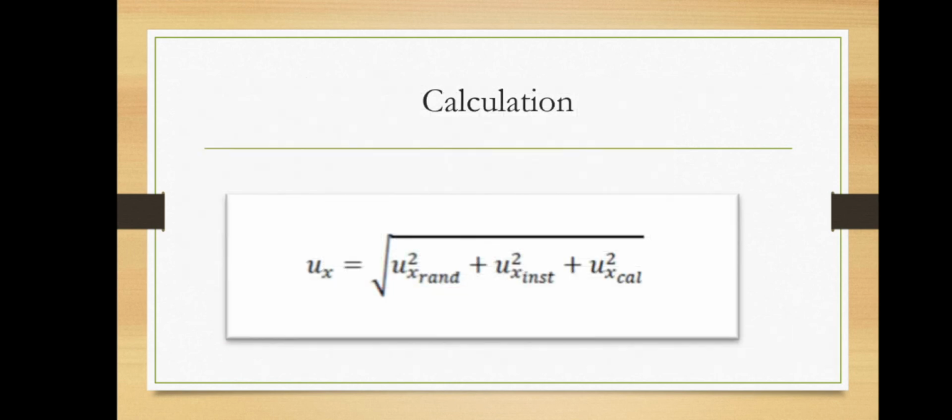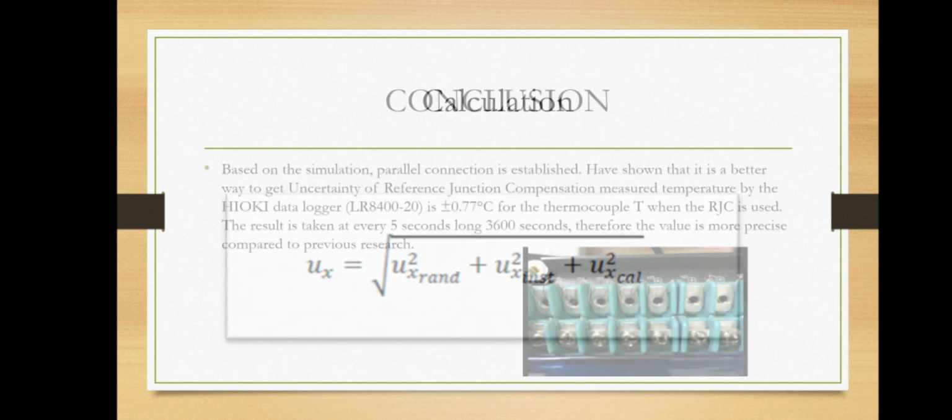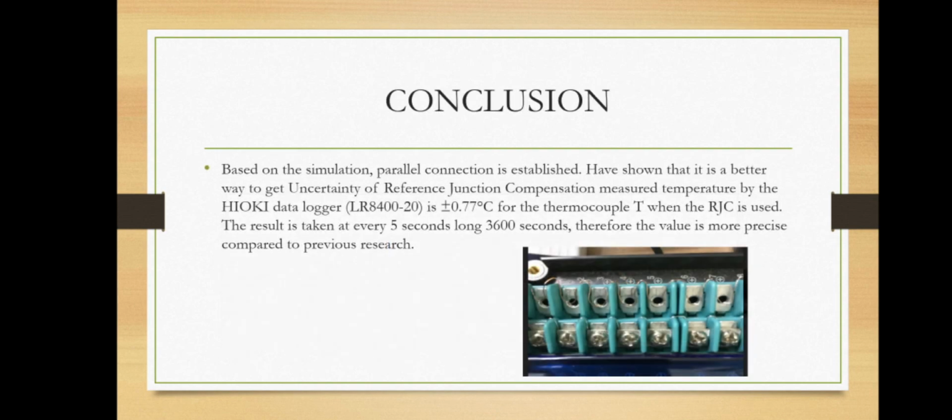Overall uncertainty is obtained with root sum square. The parameters include the uncertainty of instrument error, the uncertainty of reference junction compensation error, and the uncertainty of random error. In a nutshell, based on the simulation, the parallel connection is established and has shown that it is a better way to get the uncertainty of reference junction compensation.